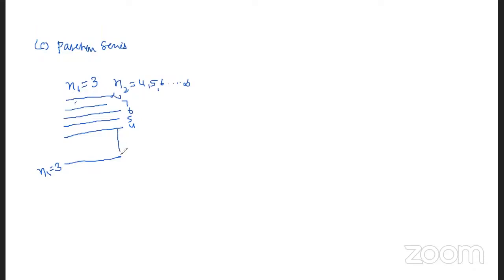So whether it is jumping from 4 to 3, or 5 to 3, or 6 to 3, or 7 to 3, or from infinite to 3, the radiations we get are of different wavelengths. This we will call the spectral series, the Paschen series.